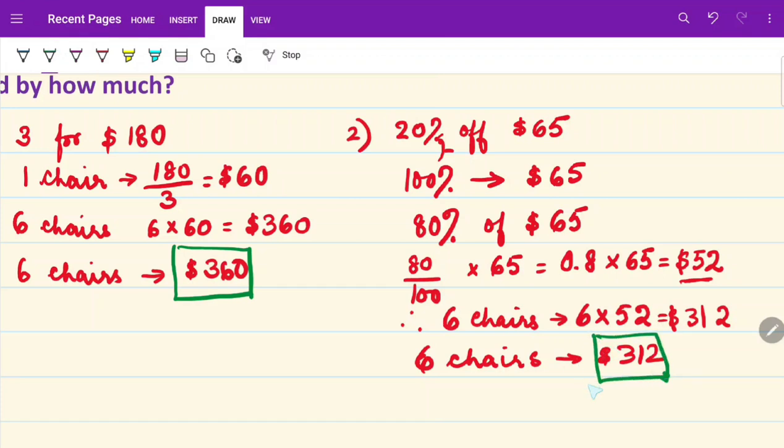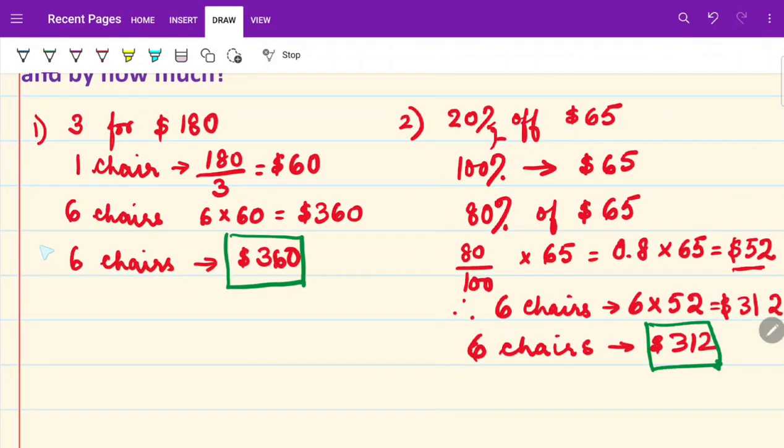All right. So clearly option 2 is the cheaper method, but by how much? By the first method, it's $360 for 6 chairs. By the second method, 6 chairs cost $312.